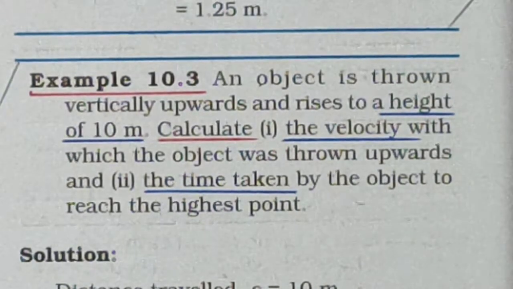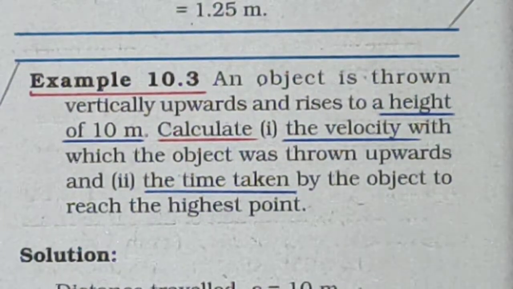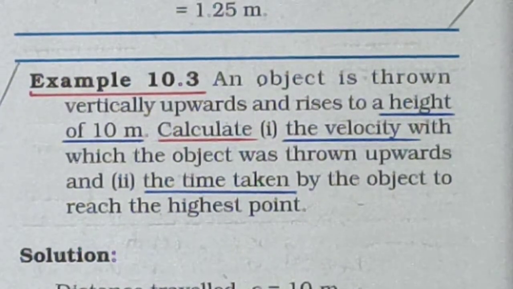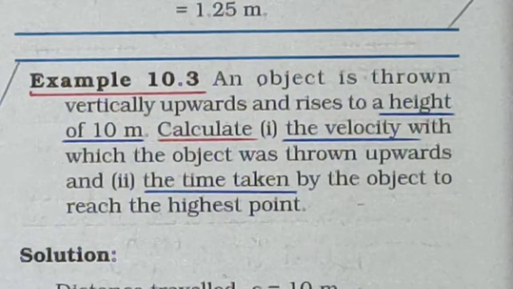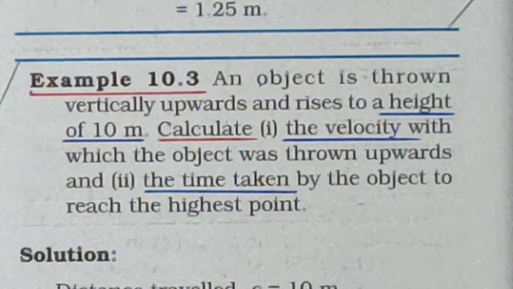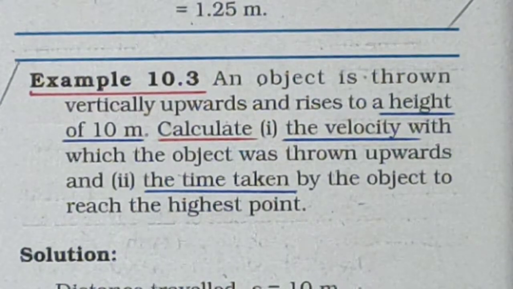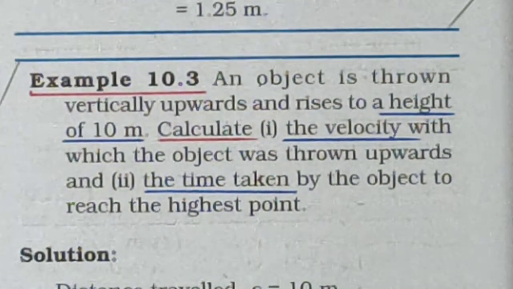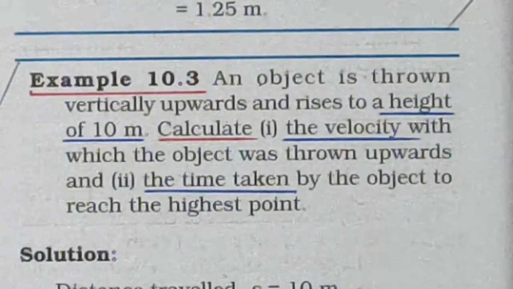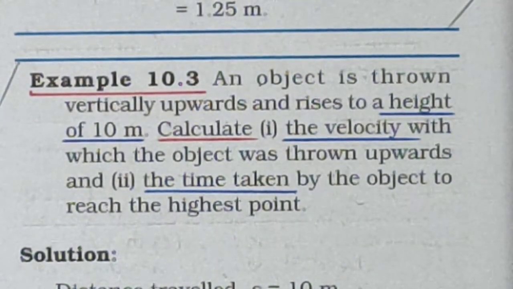See here, the car is falling from the ledge and drops down. So when it is falling, the initial velocity was 0 and it was falling for 0.5 seconds, and it has traveled a distance from the ledge. We need to find out the speed. The speed can be found out using v is equal to u plus at.